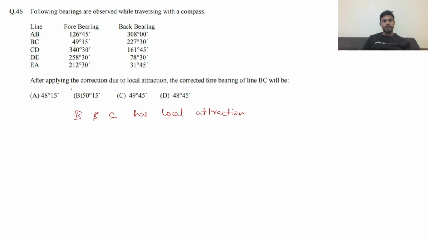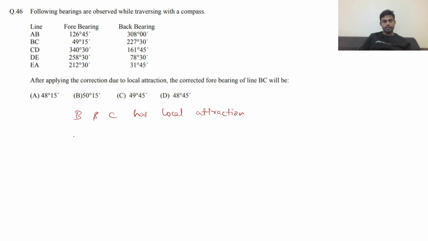So the line AB has B station, so it can't be free from local attraction. So we neglect the lines AB and BC, and CD also we neglect because the C station is present in that, so it can't be free from local attraction. So let's look at the lines DE and EA.